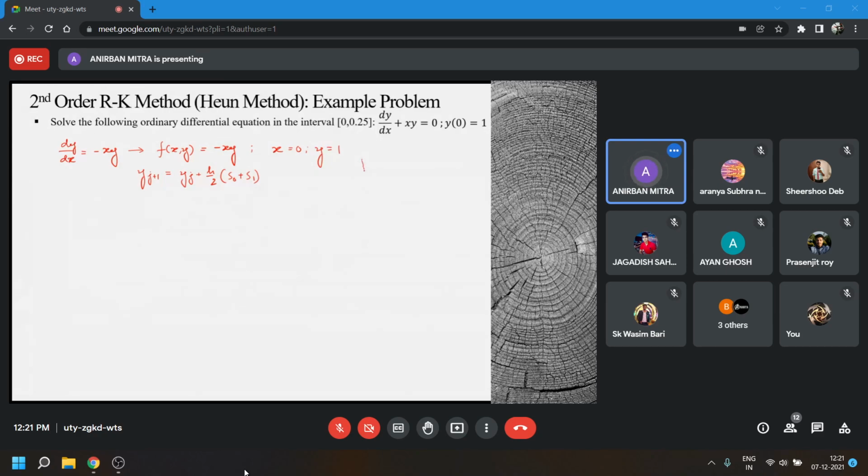So what it means is that let's say this is xj, yj. That is the known point. And on the basis of the known point and the slope, this slope let us represent as S0, we are calculating the unknown point over here, which is xj plus 1, yj plus 1.